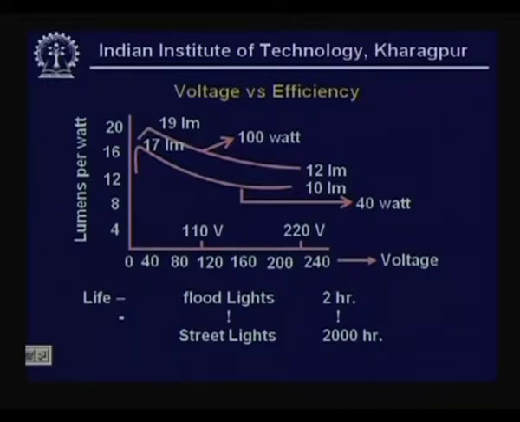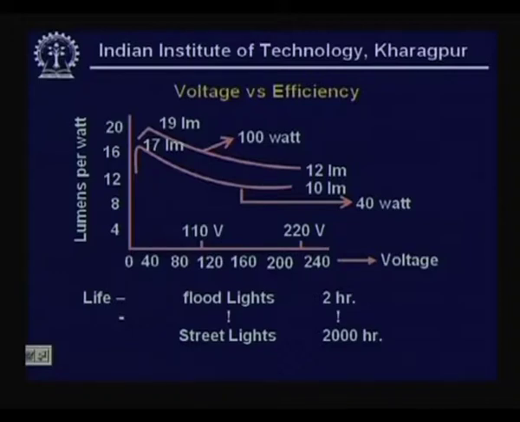What else do we observe? We observe one thing, possibly for both these lamps we have somewhere around 10 lumens saturation independent of the voltage as the voltage goes higher for a 40 watt lamp, and around 12 lumens for a 100 watt lamp. That is the point to be noted.